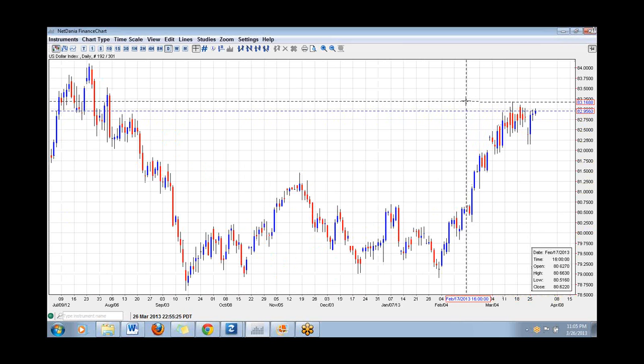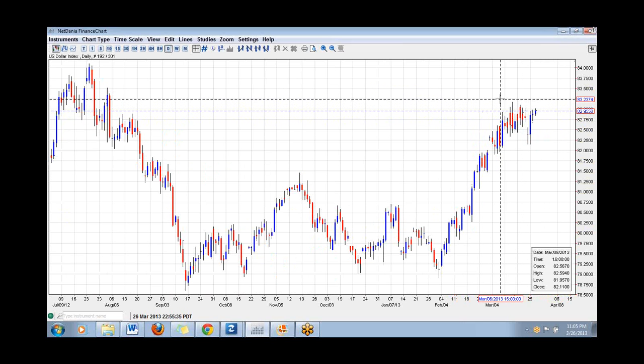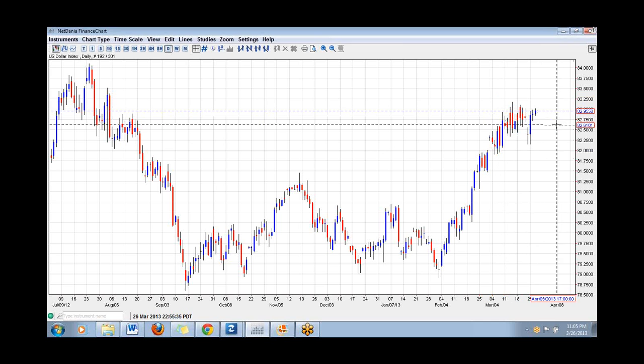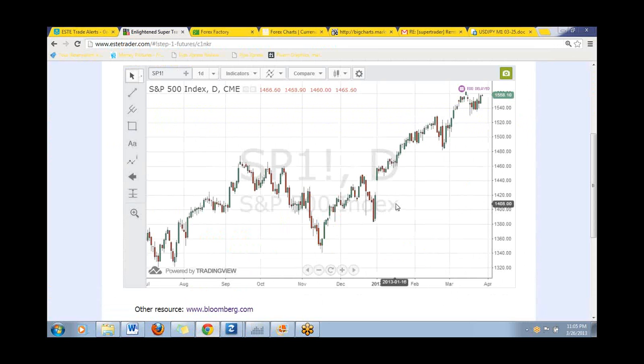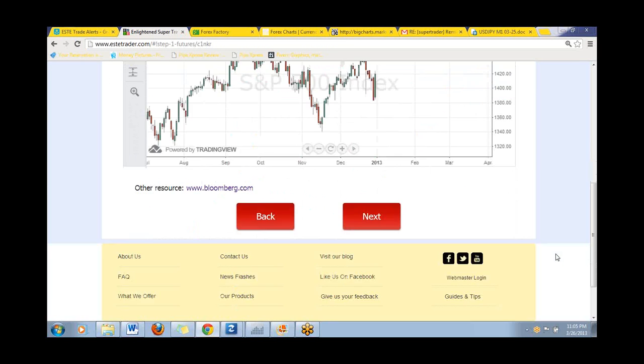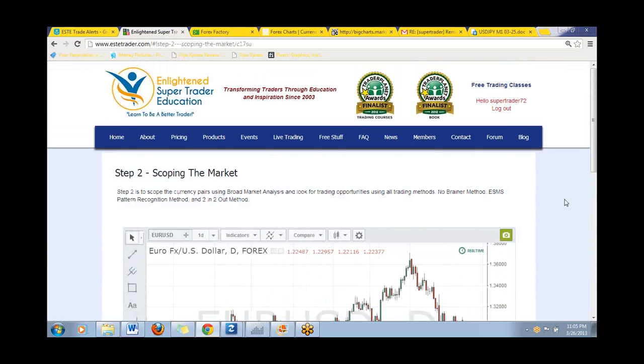It's currently struggling, and if it doesn't supersede and surpass 83.16, that is going to fail, definitely. And that means as well that the markets can continue to go to the upside and create a new higher high somewhere sometime. So everything's pretty much out of whack at the moment, and you just have to keep an eye on what the market's doing.